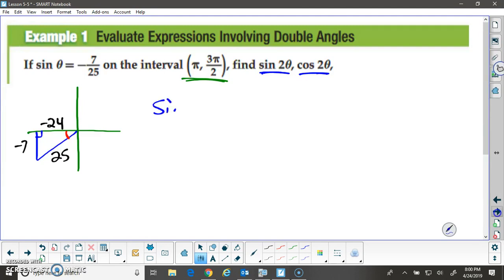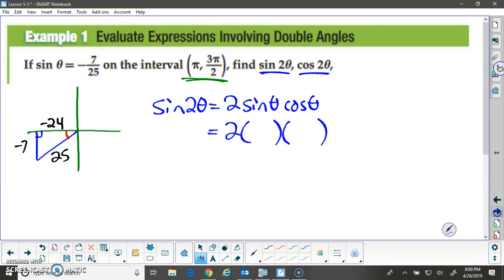So now we can use the sine of 2 theta. We've got an identity for that. It's equal to 2 times the sine of theta times the cosine of theta. And then we're just going to plug the values in from our reference triangle. The sine of theta is negative 7/25. The cosine of theta is negative 24/25.